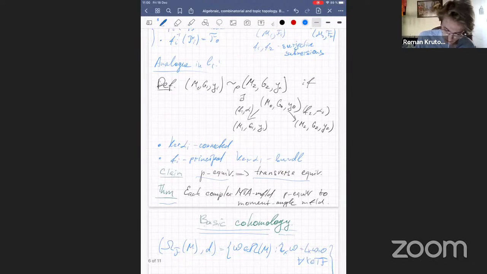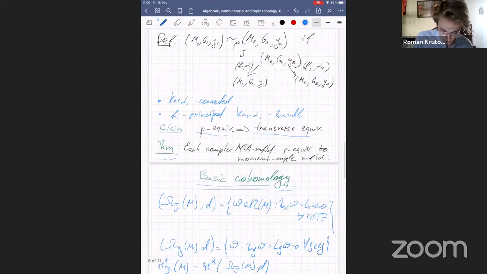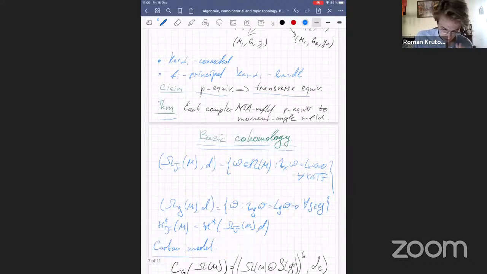Well, now I'll pass to basic homology. So what's this? It's a matter of homology of a base space in the case when the foliation is an actual fiber bundle.